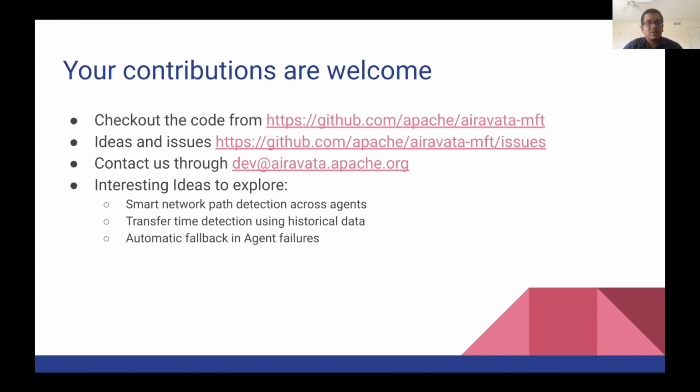And we are planning to look at automatic fallback operations across agents, which is a distributed systems problem. These are all open problems, and we are always open to getting feedback from you all. Thank you.